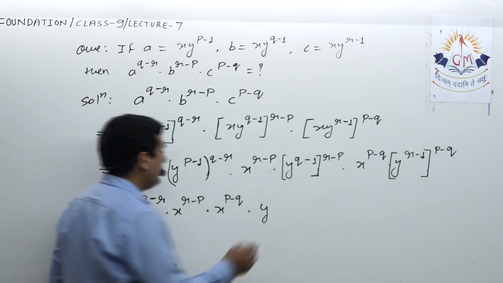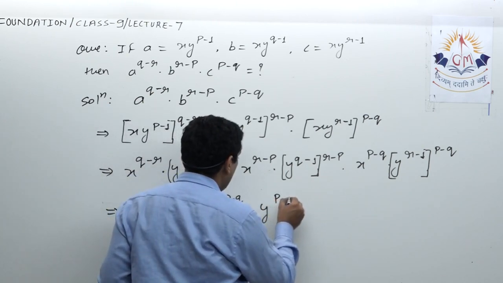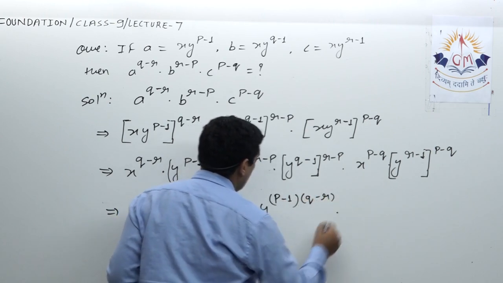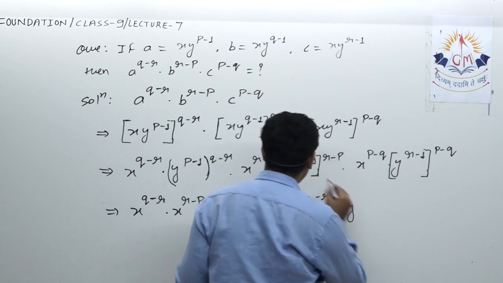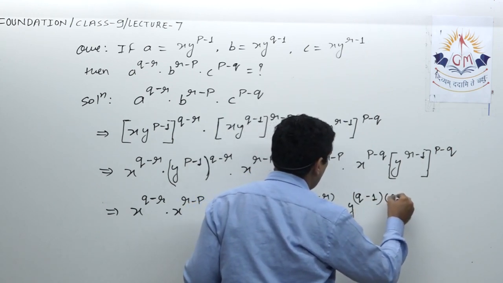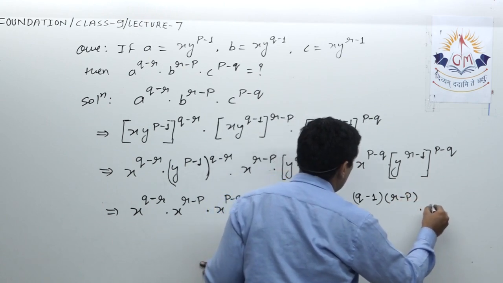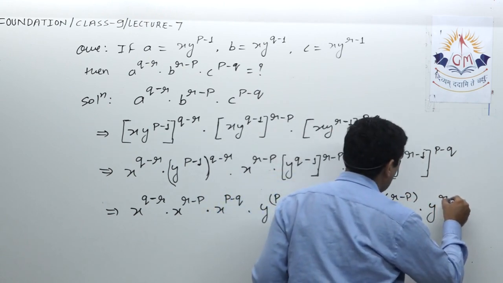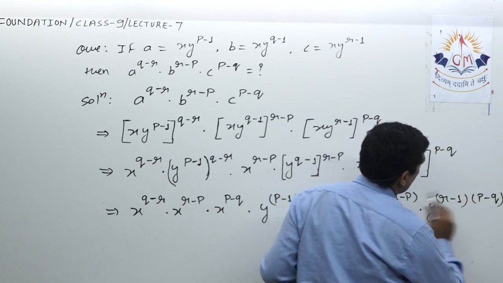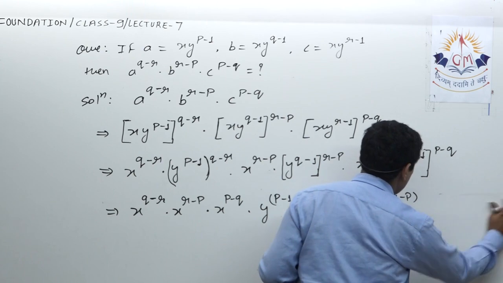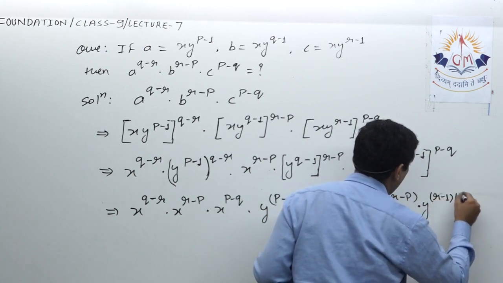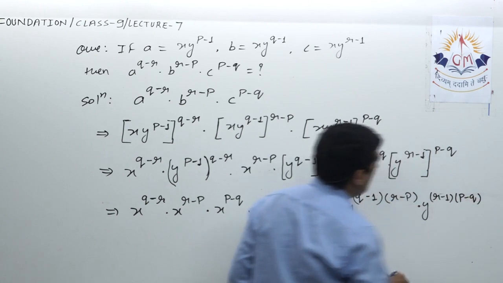So y raised to p minus 1 times q minus r, into y raised to q minus 1 times r minus p, into y raised to r minus 1 times p minus q.